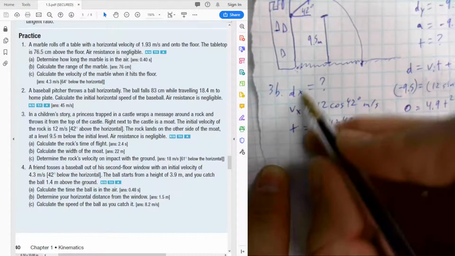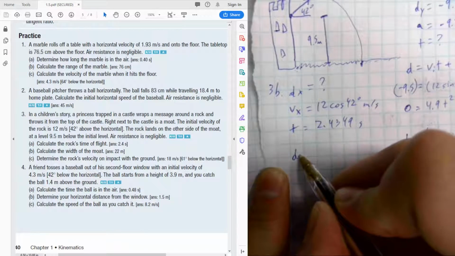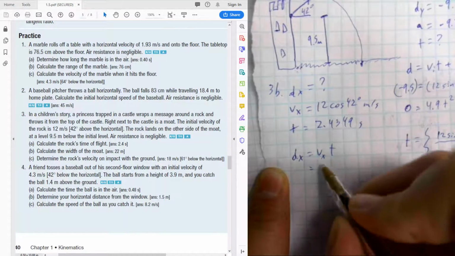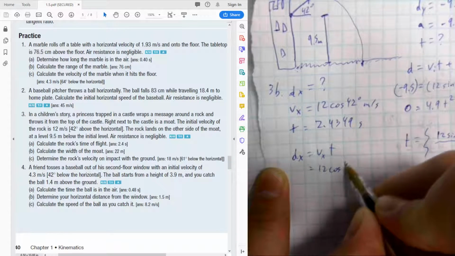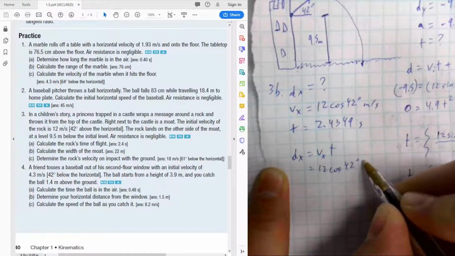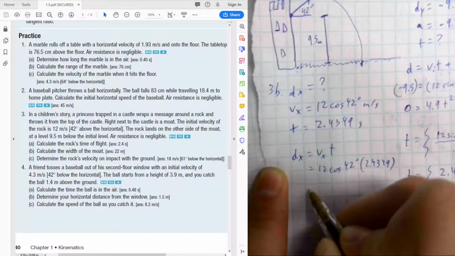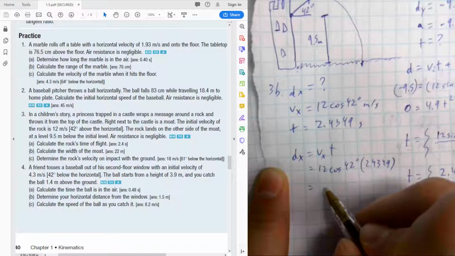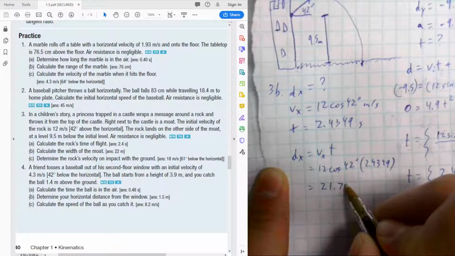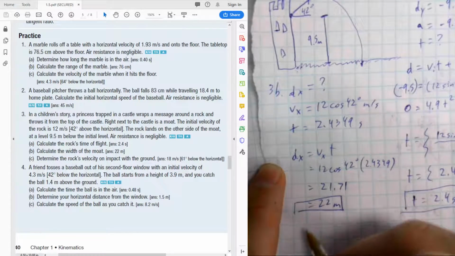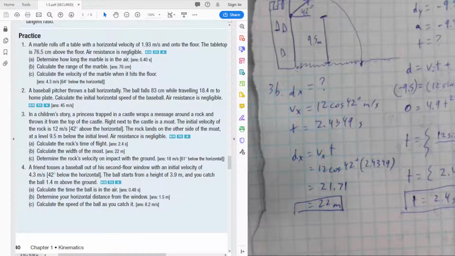This is rather simple. It's just dx equals vx t. So 12 cos 42 degrees times 2.4349. You'll end up with 21.71, 22 meters. That's my solution for that.